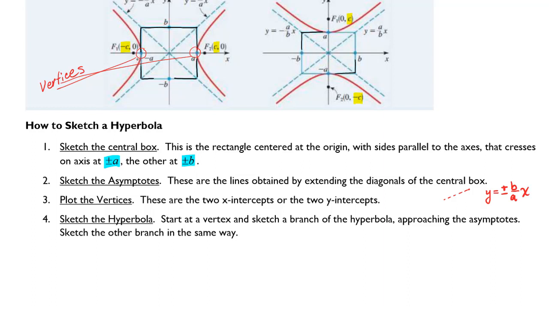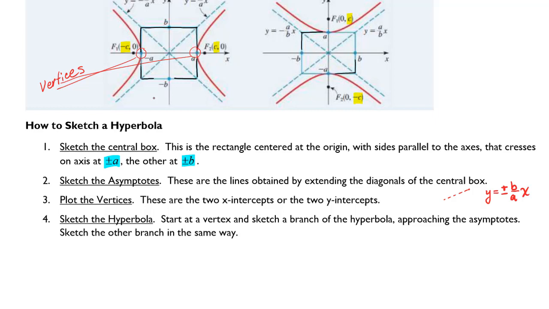They are the max or min when your hyperbola is opening upward or downward, but they're also these curve edges that are bumping the central box. As the last step, sketch the hyperbola: start at a vertex, and sketch a branch of the hyperbola, approaching the asymptotes. Sketch the other branches in the same way. So this is how you're going to figure these out.